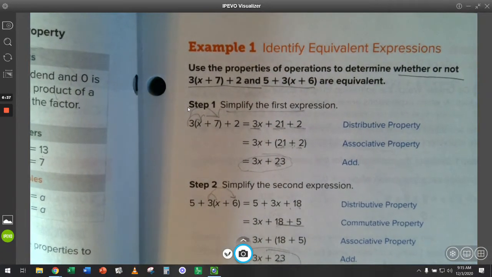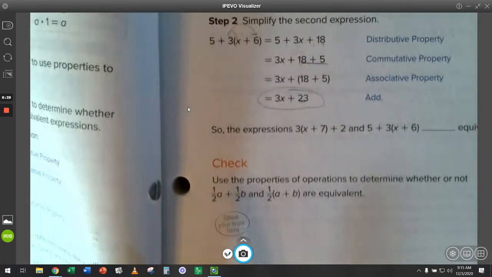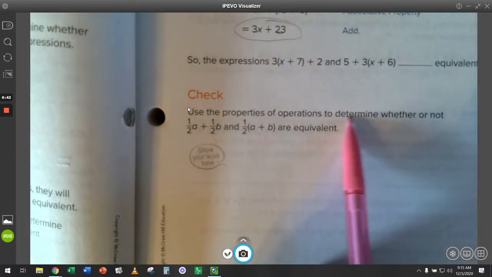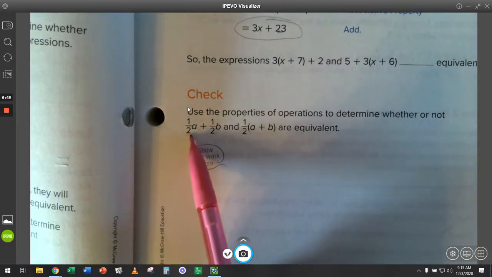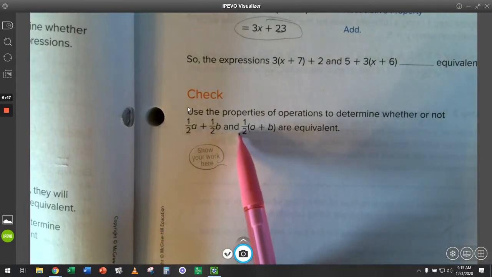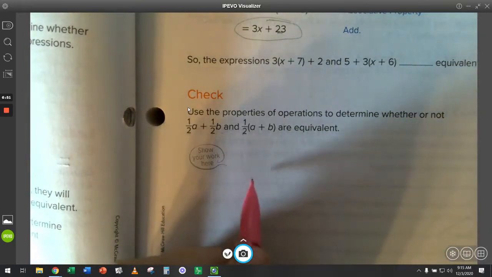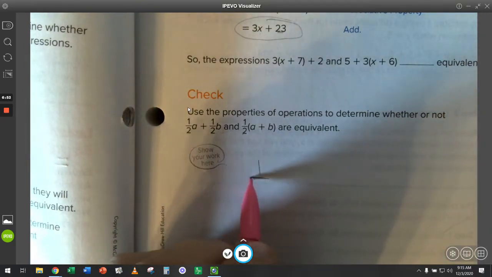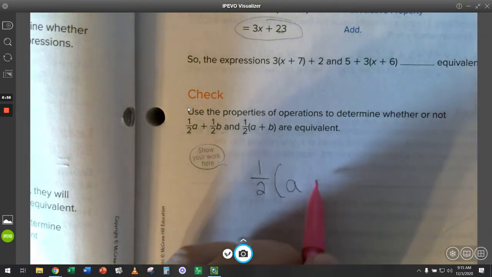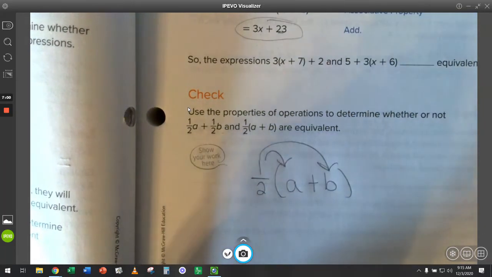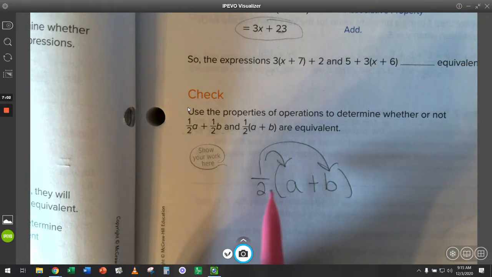All right, let's take a look at the next problem. This is your check. It says use the properties to determine whether or not 1/2 a plus 1/2 b is equal to 1/2 a plus b. Well, we're going to use the distributive property here. If we have 1/2 a plus b, remember we distribute that 1/2 into both terms.